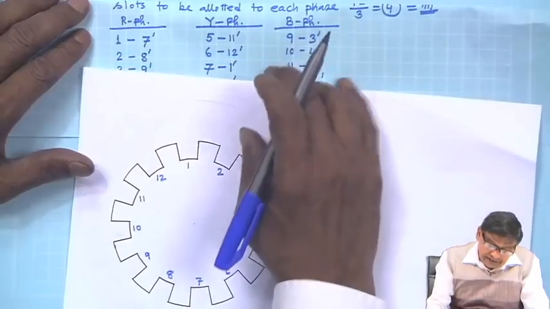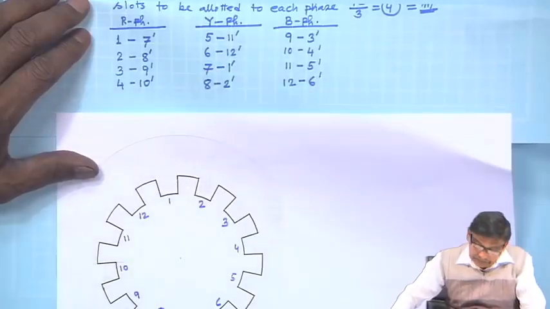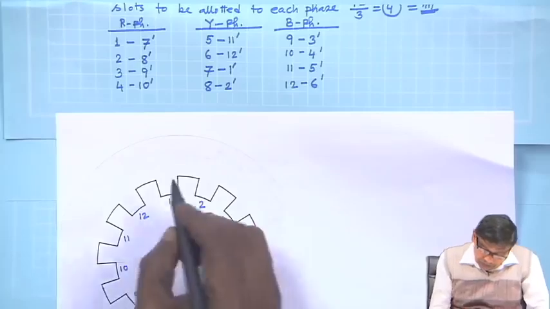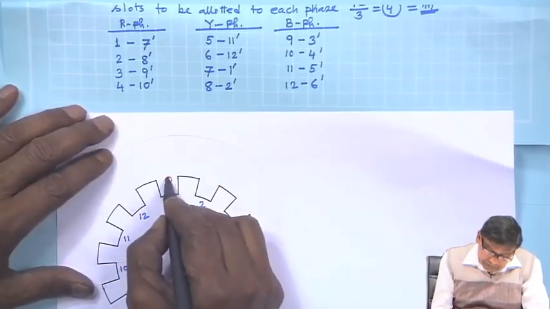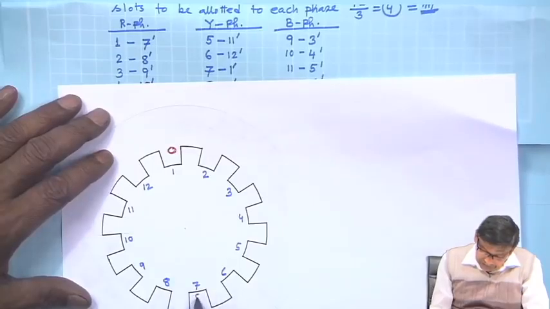So, what it is telling is, to complete the R phase winding, 1 7 dashed. So, R phase, let us use red color only. So, 1 and 7 dashed.